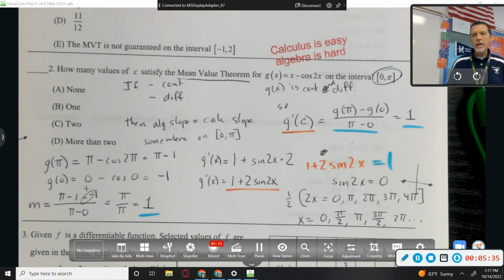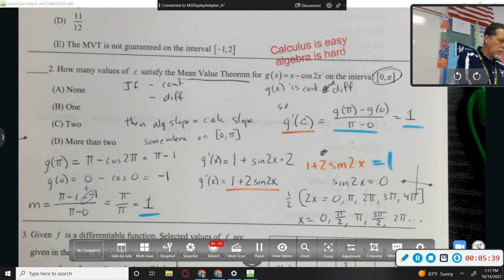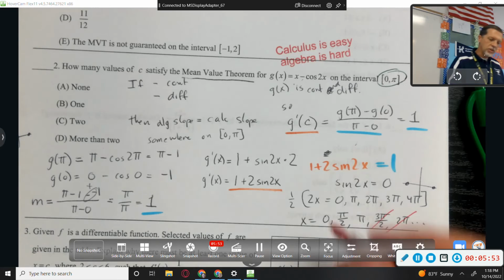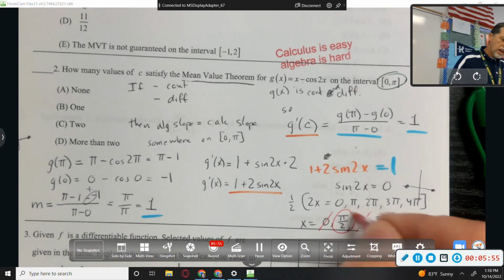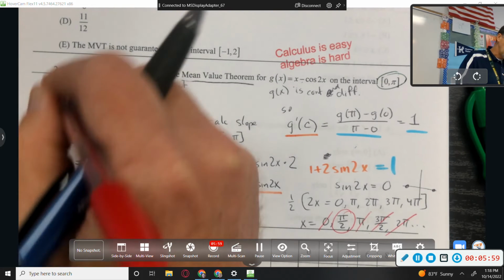The endpoints are not eligible, so they're out. That only leaves pi over 2 and pi, so I have to check what's in the interval. One answer.